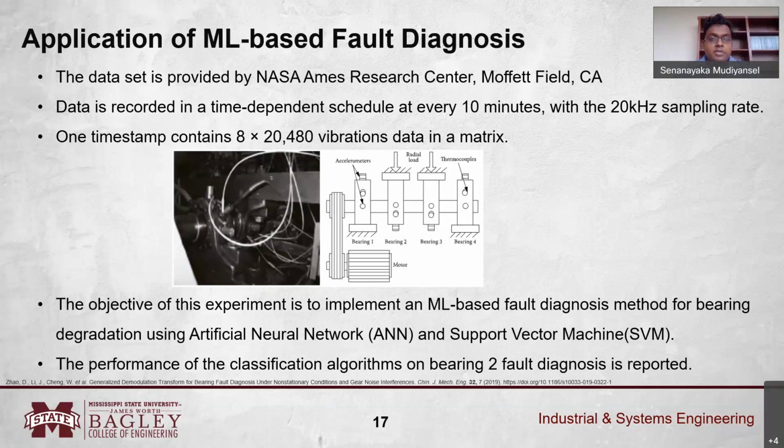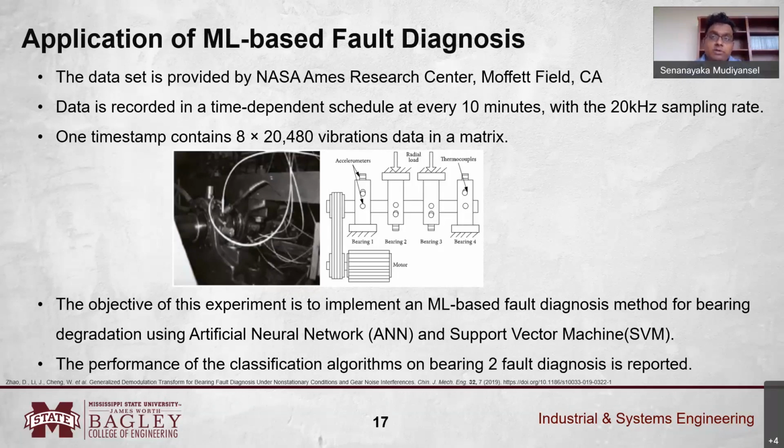The objective of this experiment is to implement a machine learning based fault diagnosis method for bearing degradation using an artificial neural network and a support vector machine. Here we use the artificial neural network and the support vector machine as conventional methods.